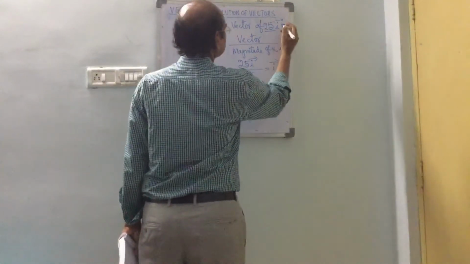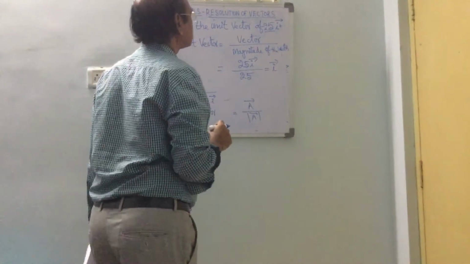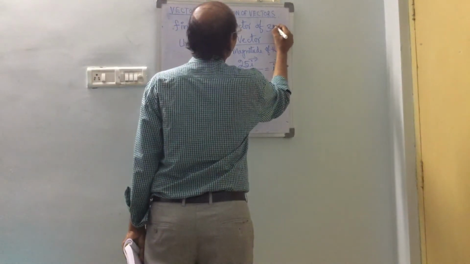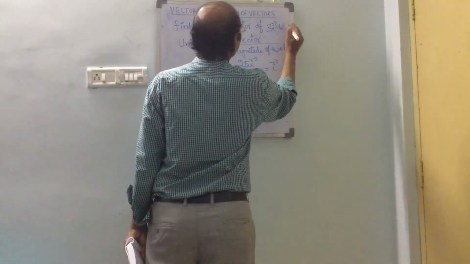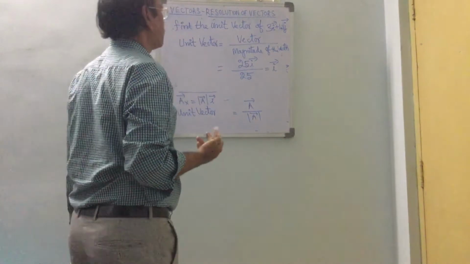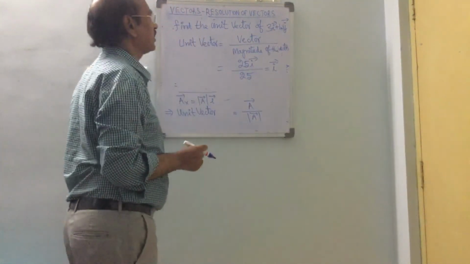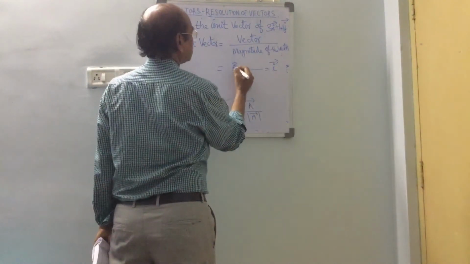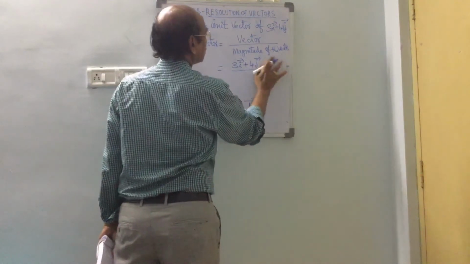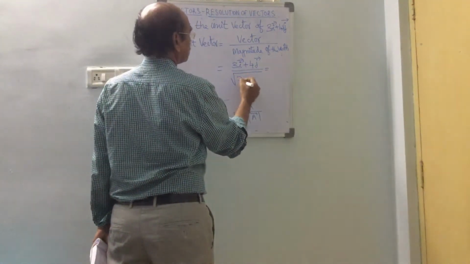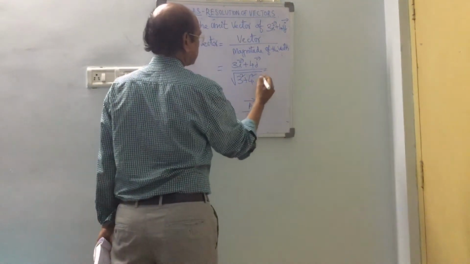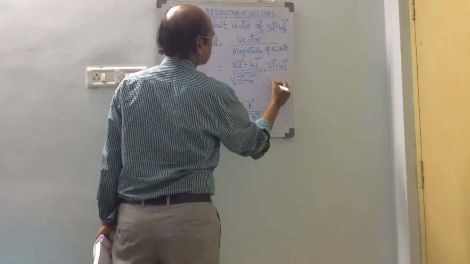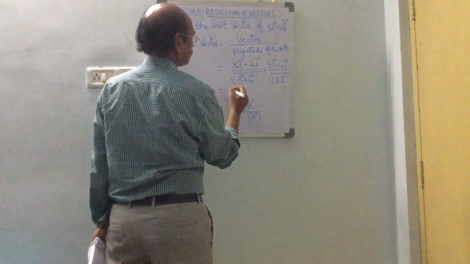If we consider the unit vector of a vector lying in the xy plane, for example, the vector 3i bar plus 4j bar, then we divide it by its magnitude, the square root of 3 squared plus 4 squared.